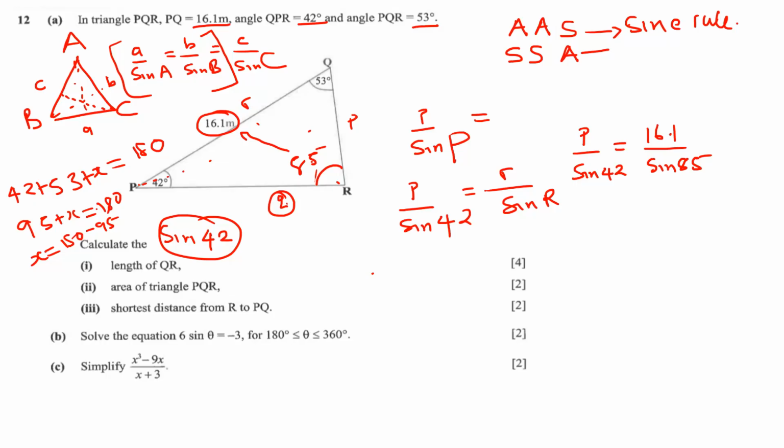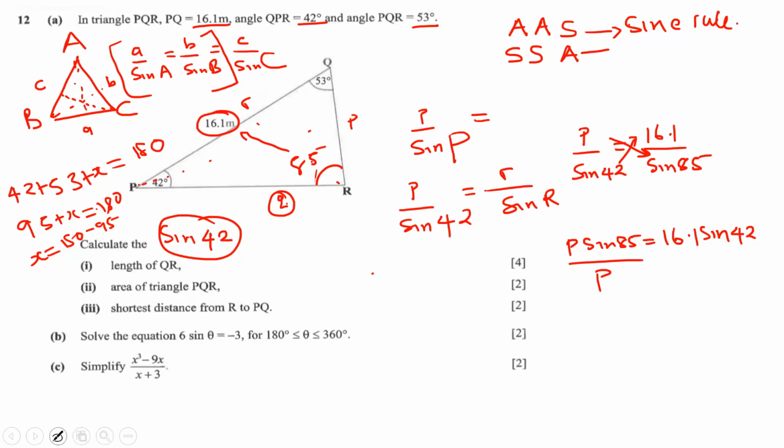Here we cross multiply. So you're going to have P sine 85 is equal to 16.1 multiply sine 42. So we want to find P.